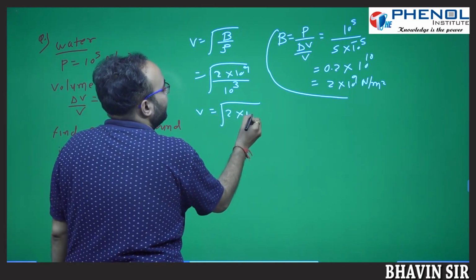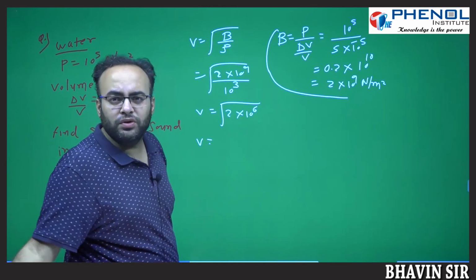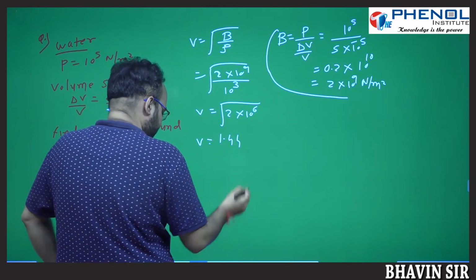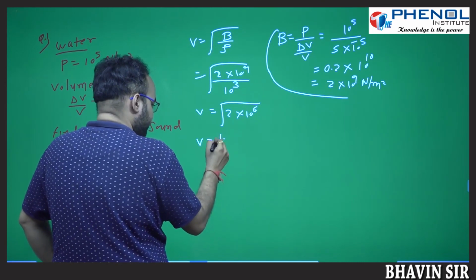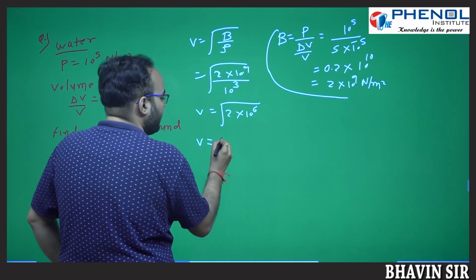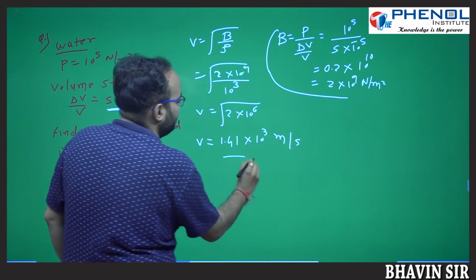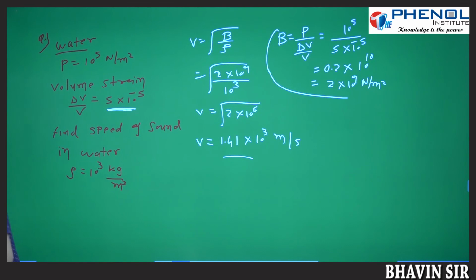So under root 2 into 10 raised to 6. What is the root of 2? 1.41. So 1.41 into 10 raised to 3 meter per second. Clear? So this is the speed of sound wave in water. That is 1.41 into 10 raised to 3 meter per second.